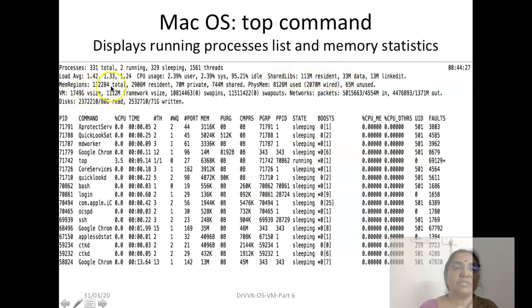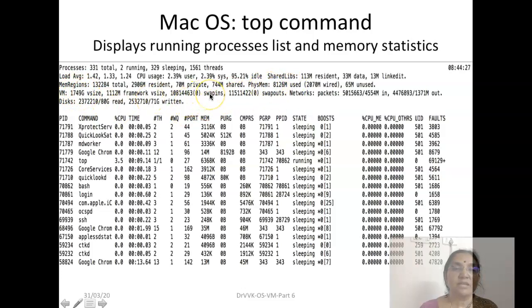Then we have the mem regions telling you about the total memory available and what the resident programs are. Here we have the physical memory, how much of it is used and how much of it is unused. That's about RAM. And then we have the VM. So how much is the VM size? Look at this. This is much larger than the available memory.